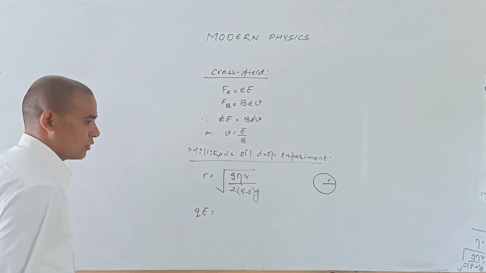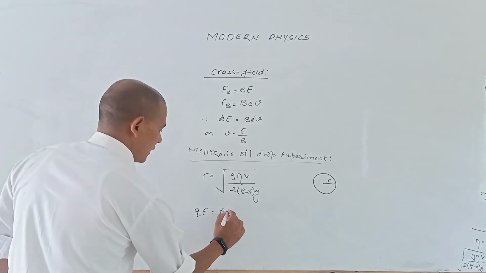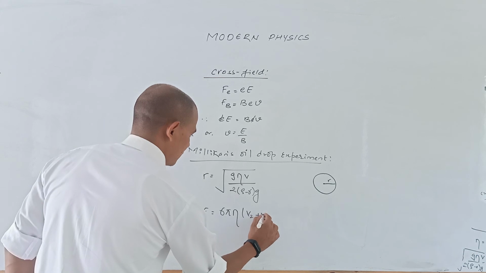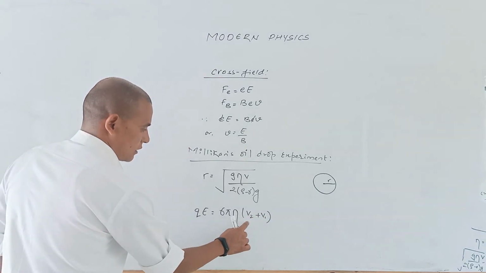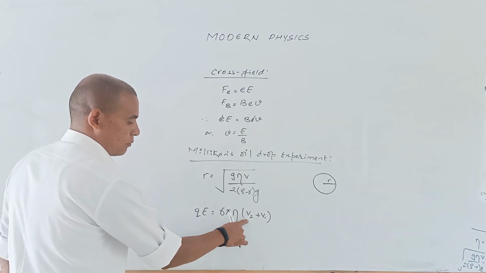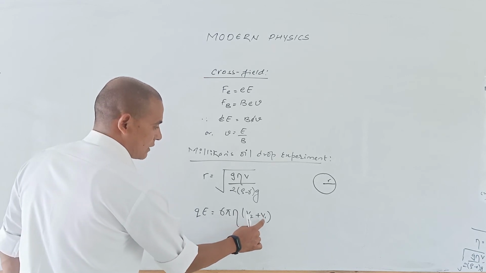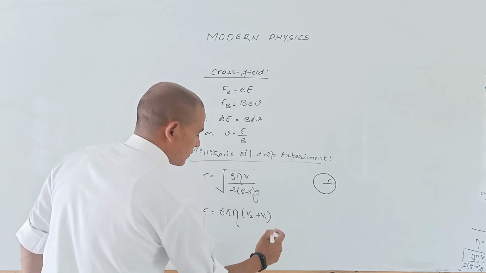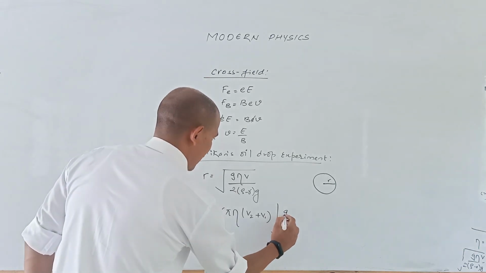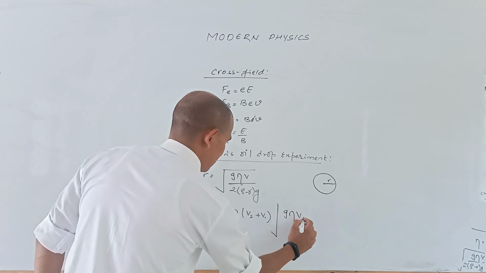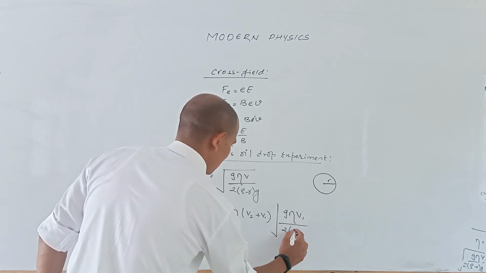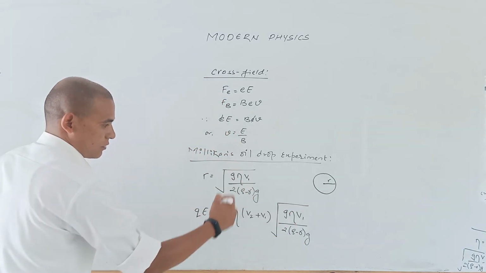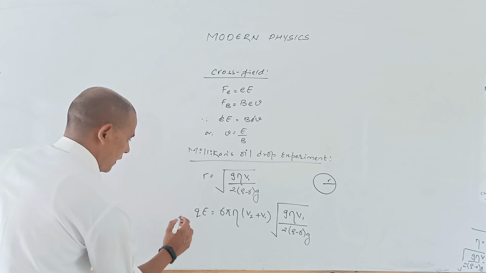That is given as qE equals 6 pi eta r (v2 plus v1). Here v2 is the terminal velocity when it moves inside the electric field, and v1 is the terminal velocity when it moves under the action of gravity. So r is the root under 9 eta v1 divided by 2 rho minus sigma g. We can also replace this v1 by just v.